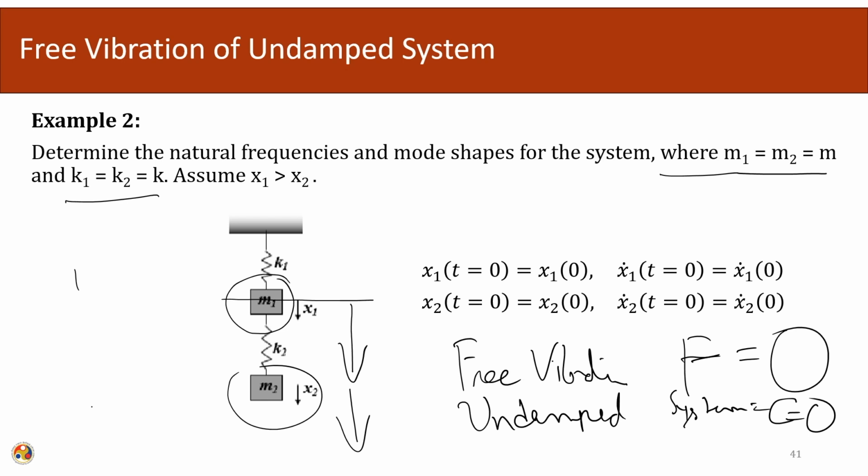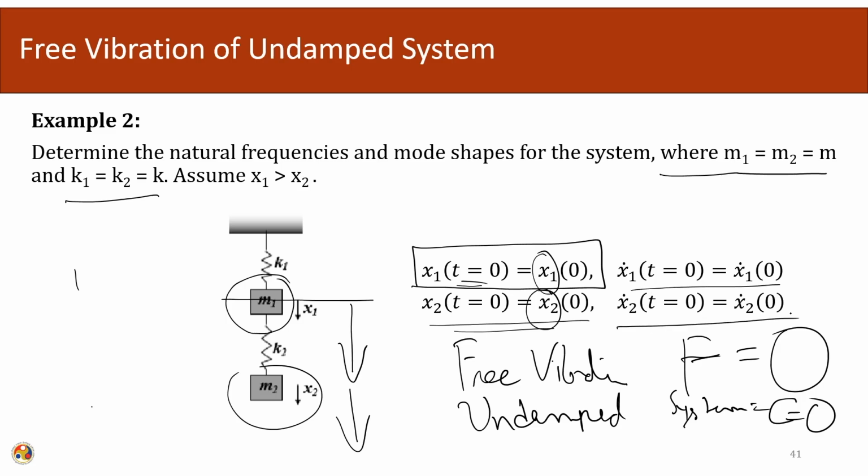Now, how is the system going to behave? The system is going to vibrate due to the initial conditions. At time t equals 0 there is a motion x1, at time t equals 0 there is a motion x2, and there is also a velocity.